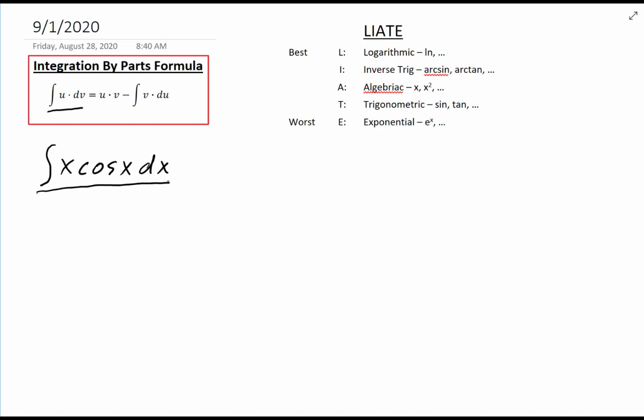So what we need to do is figure out what that u is and what that dv is. u is going to be, in this case, our x, and dv is going to be the cosine of x times dx.